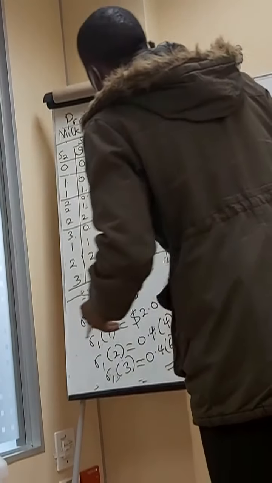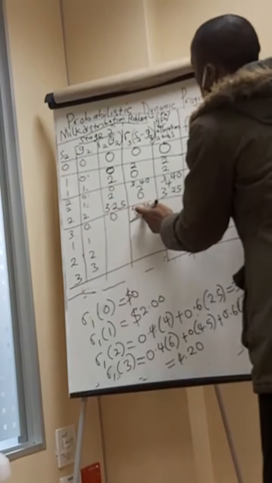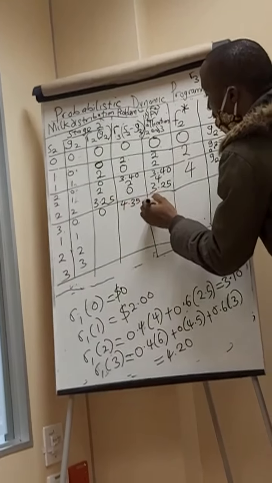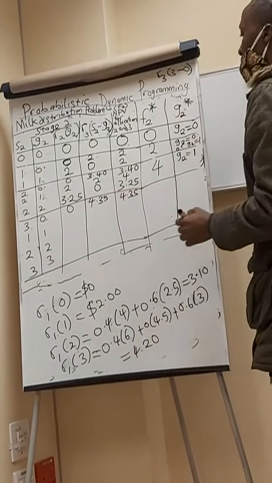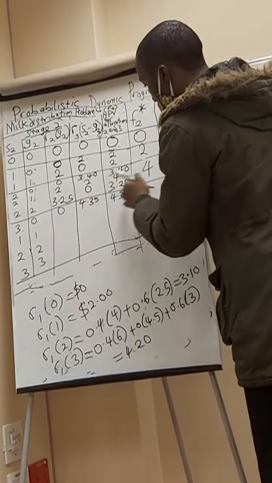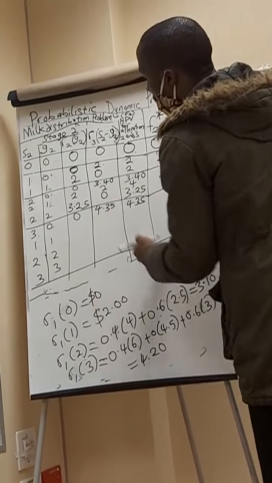Based on this, we can add these together to get the cumulative allocation for 2 and 3. That's 0 plus 4.35, which is 4.35. You cannot compute the rest until you do all the other options.